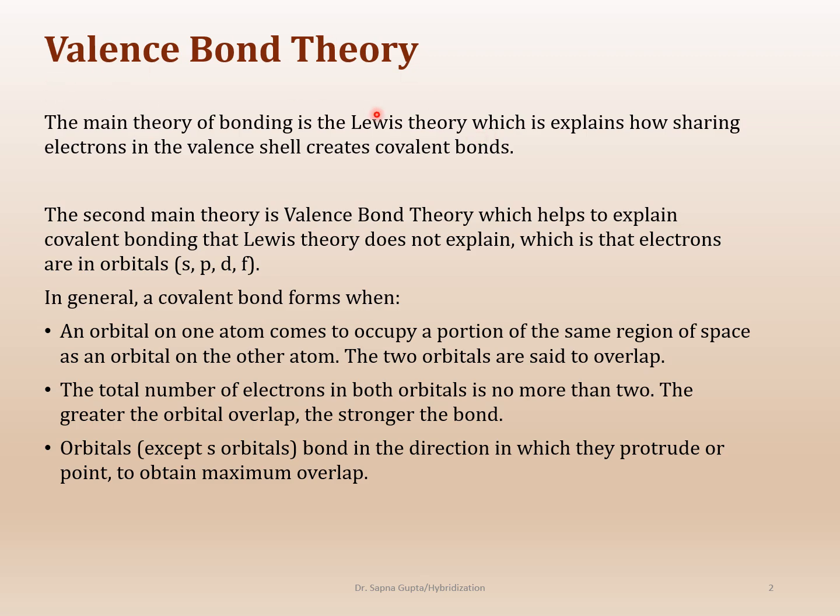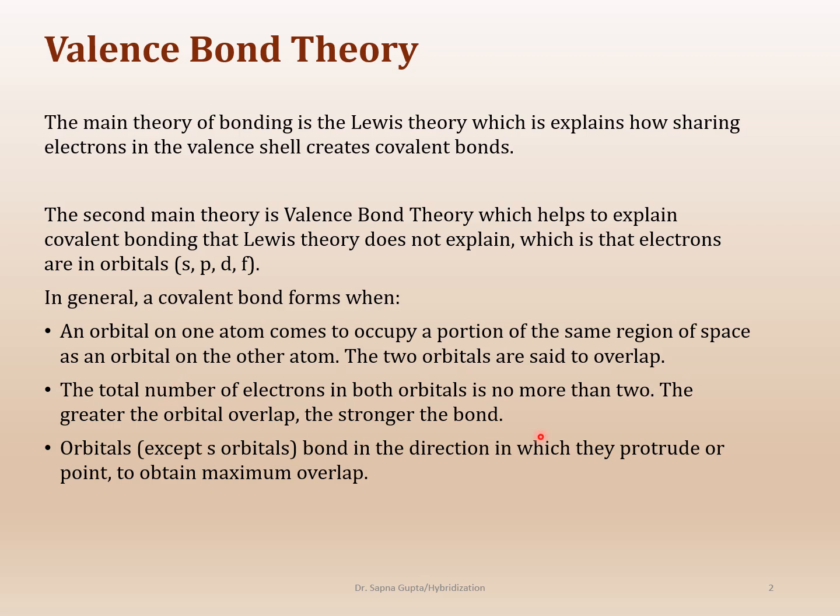The valence bond theory, which is also the hybridization theory, actually goes a little bit deeper into that and says, okay, you have these electrons which exist in these orbitals or in these kinds of shapes. So how do we show bonding for that? That means we have to take the orbitals into account.